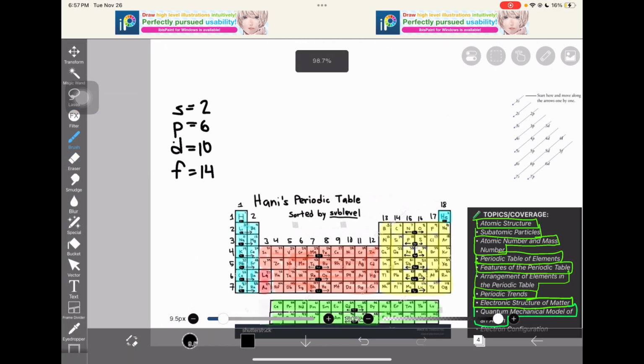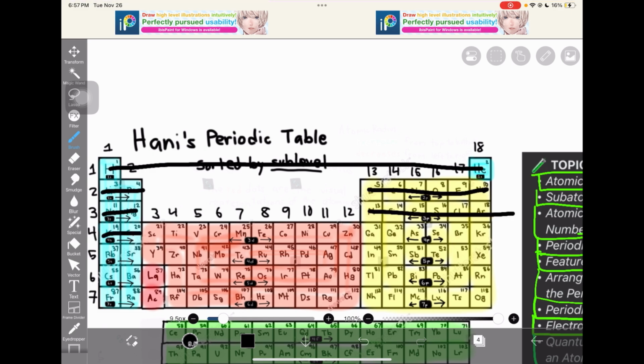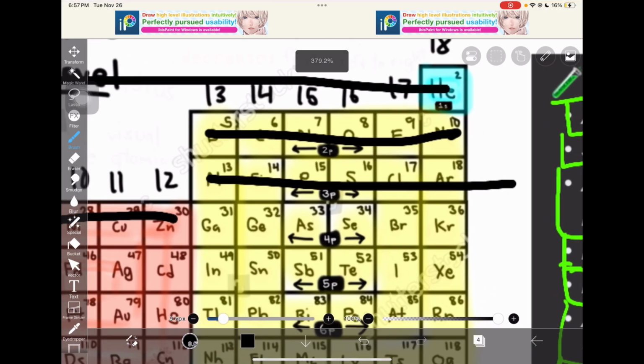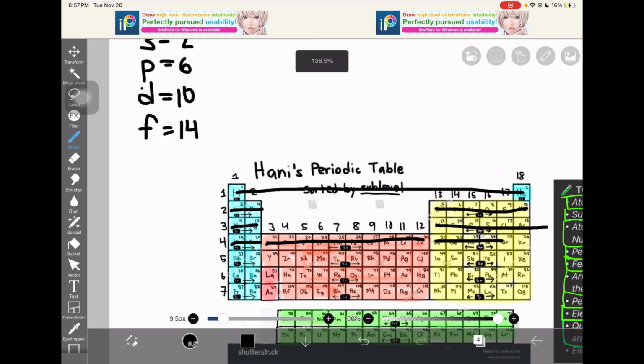Now, sublevels. Let's do this again. This one's S, S, P, S, P, S, D, and finally we arrive at bromine at P again. So we did pass by S, P, and D.